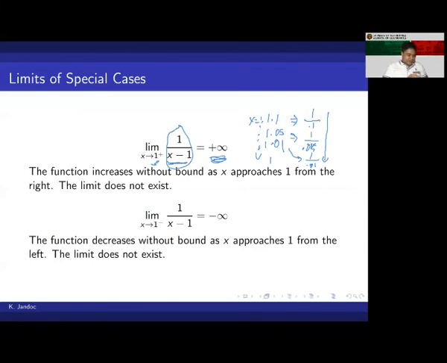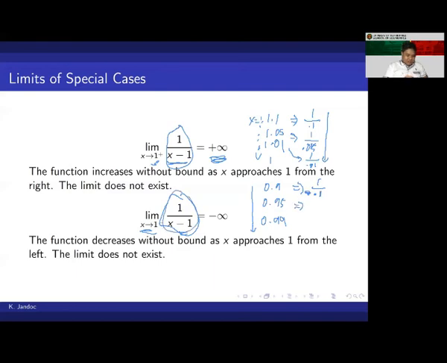On the other hand, if you approach x from the left for this function, for example 0.9, then 0.95, and 0.99, you're going from values lower than 1 and approaching 1. Then this function is 1 divided by 0.9 minus 1, which is negative 0.1. So the whole thing is negative.